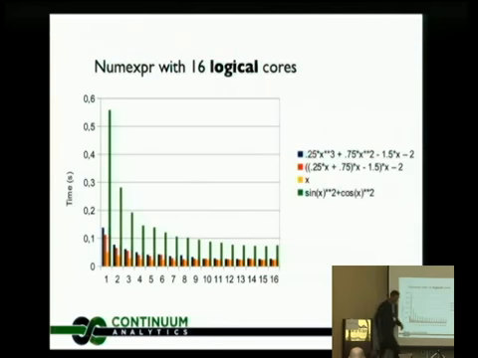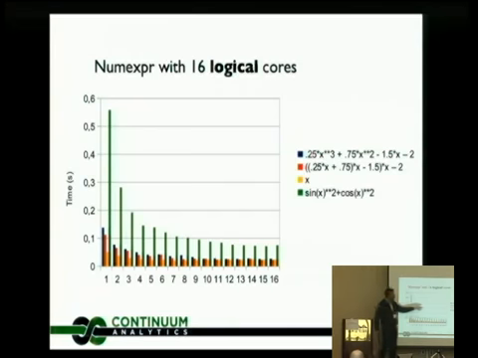Sorry, I cannot hear you. Yeah? Is NumExpr built against the Intel Math Kernel Library, the vector math library? No, I am not using the vector math library. His question was whether NumExpr can be compiled against the Intel MKL library, which can accelerate this kind of expressions that have transcendental functions, okay?